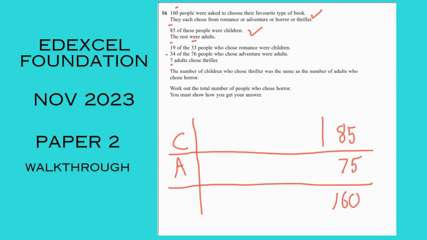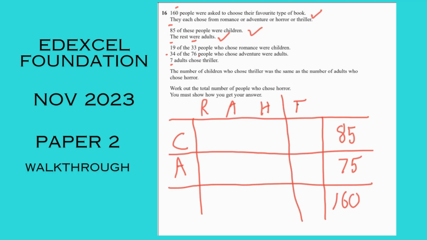Do a subtraction. 75 are adults. Then we look, are there two types of books or three? So we've got romance, adventure, horror or thriller. In other words, four types of books.